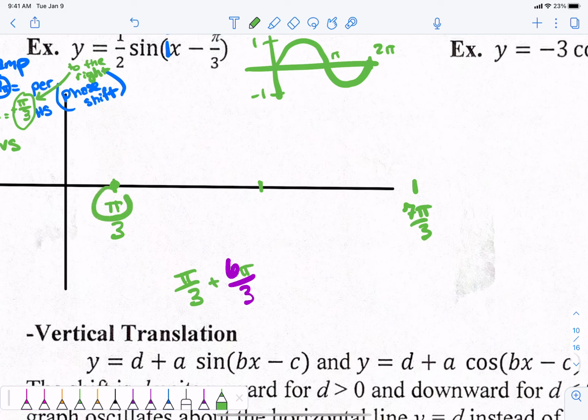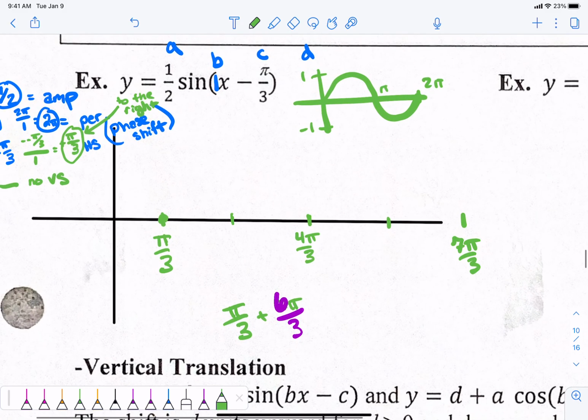So pi over 3 plus 7 pi over 3 would be 8 pi over 3, and divided by 2, 8 pi over 3 divided by 2 is 4 pi over 3. Does that make sense? So that's where he's going to go, and I'm just going to label those 3. I'm not going to find this middle point right here because it's going to be kind of gross. Pi over 3, 4 pi over 3, 7 pi over 3.